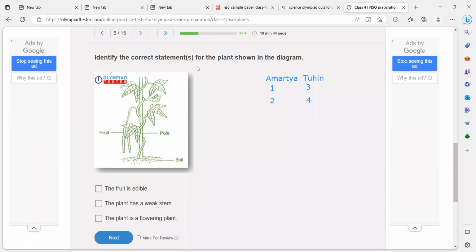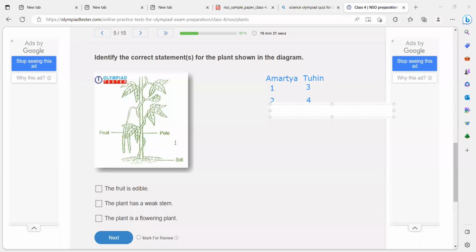Identify the correct statement for the plant shown in the diagram. The fruit is edible. The plant has a weak stem. The plant is a flowering plant. So which is the correct statement? Ma'am, okay, first tell me what pole means.